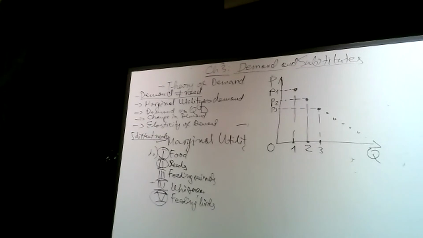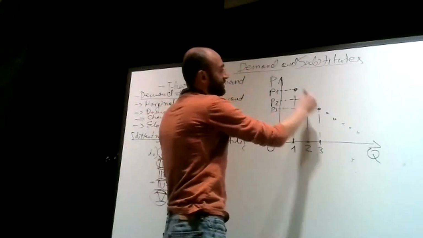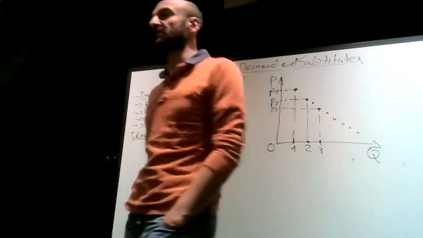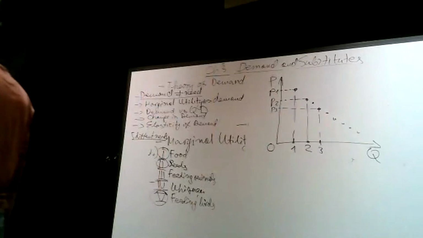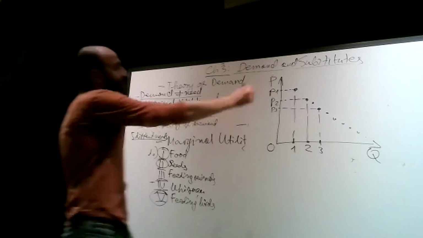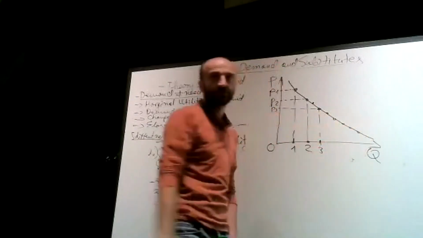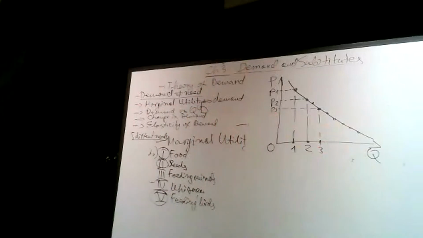Now imagine for a moment all these points, all these possible combinations of quantities that you acquired and prices that you were ready to pay for them. If you imagine that we connect all of these dots with one line, what is it called? Any idea?